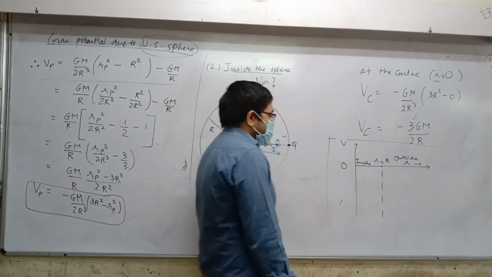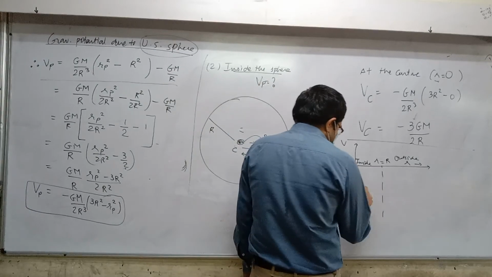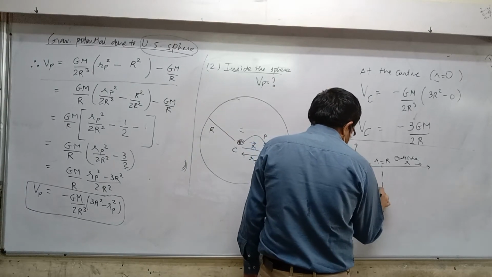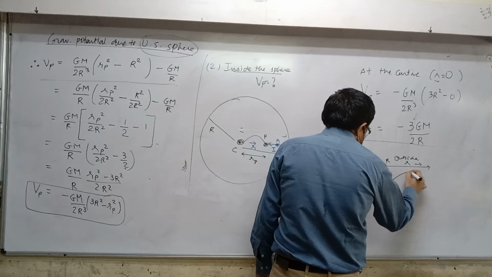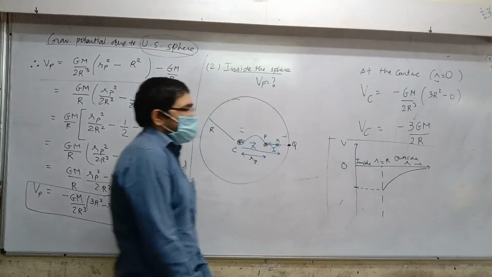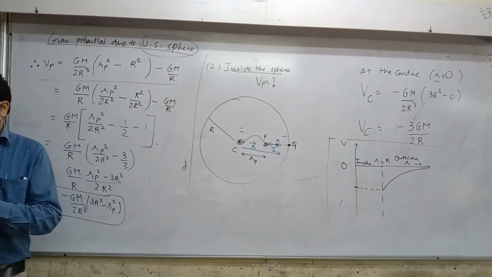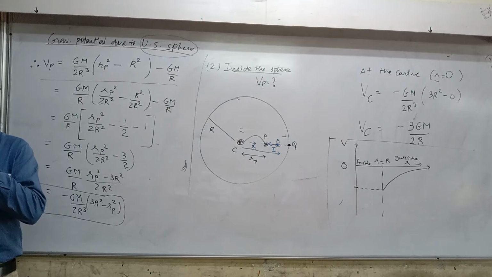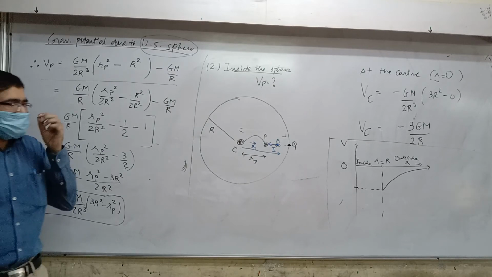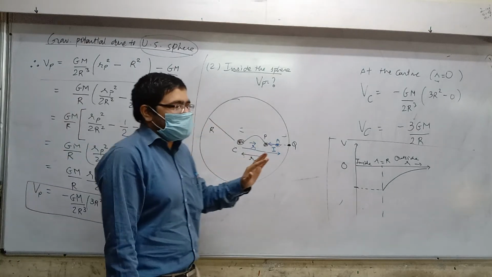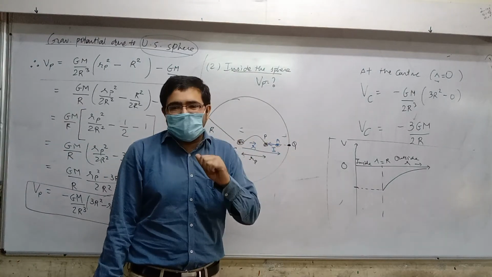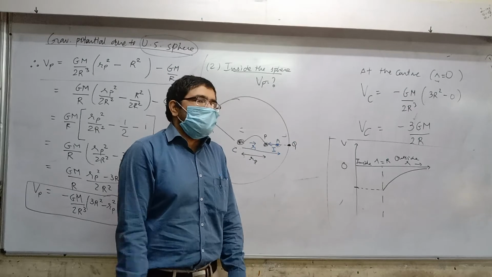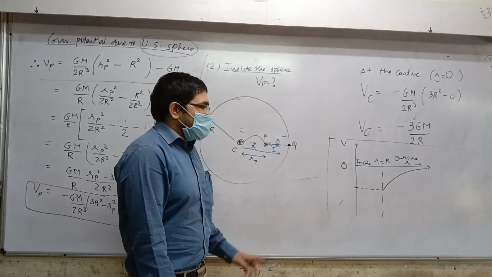The outside part is actually easy. It is the same as the previous graph we have drawn, because the formula is also the same, minus GM by r. Yes. Okay. Now what about inside?